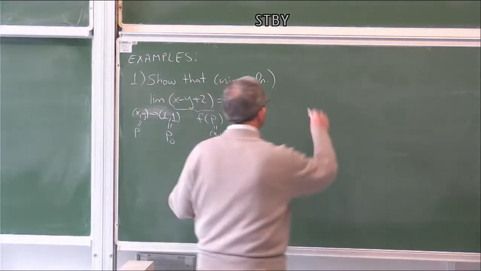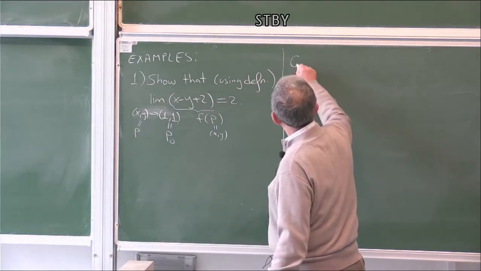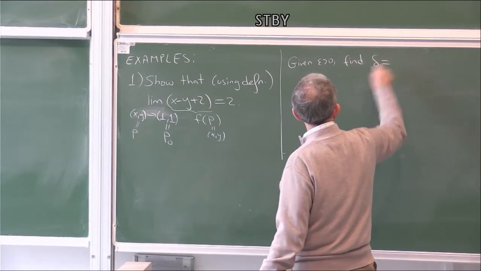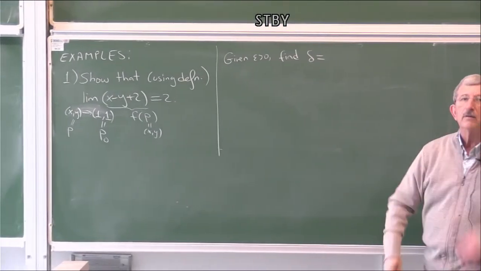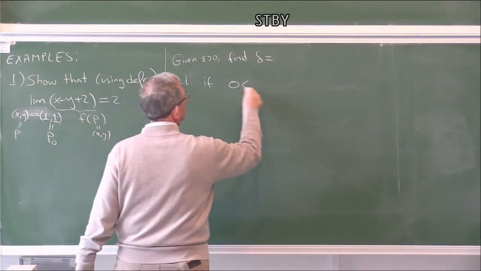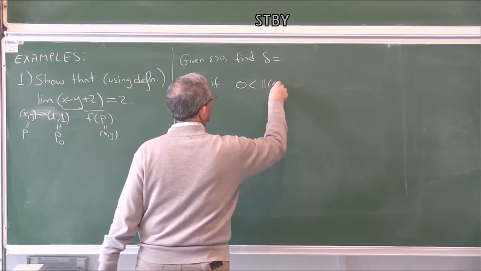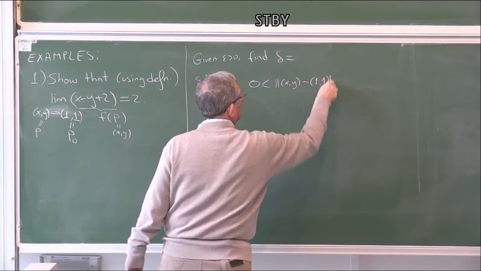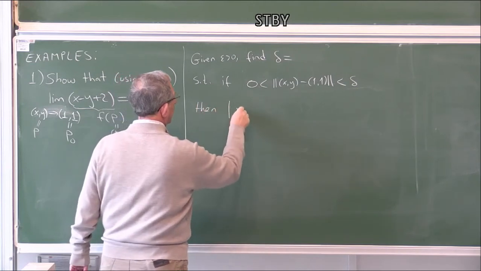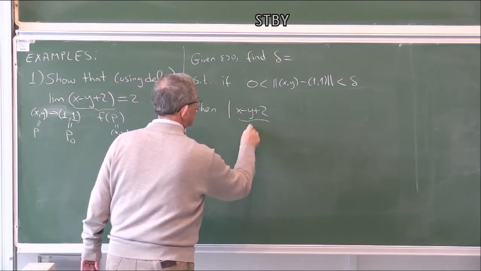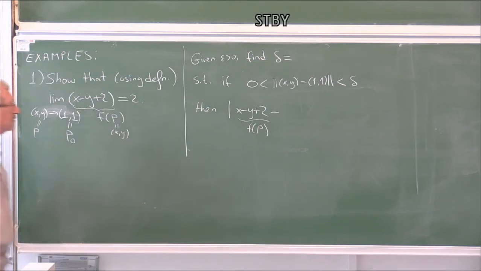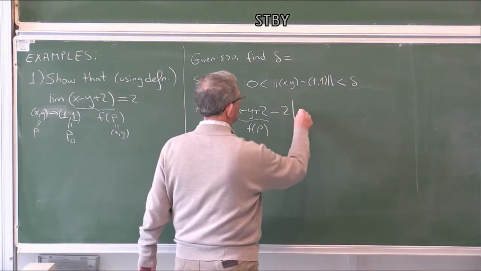So how does the definition go? Given an epsilon, we find a delta, we will find it in a minute, such that if this is true, then x minus y plus 2, that's the function f of p, minus L, well, here L is even given as 2, is less than epsilon.